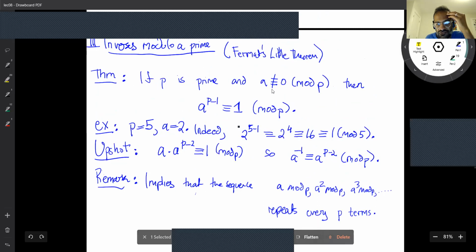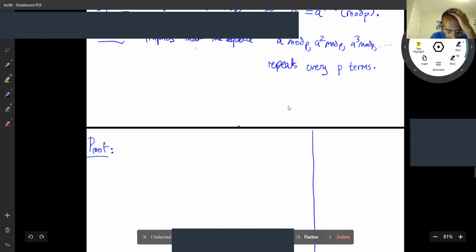P is prime and A is not congruent to 0 mod P. So let's assume those things. Assume P is prime and P doesn't divide A. That's equivalent to saying A is not congruent to 0 mod P.